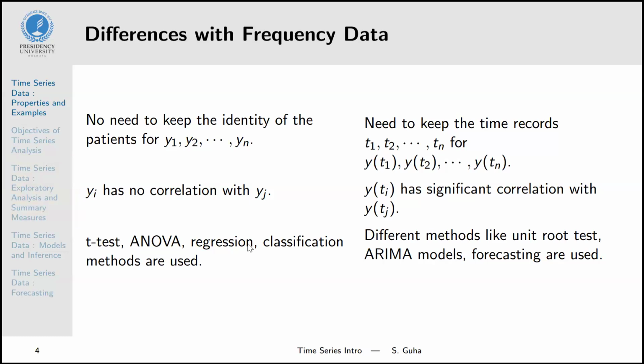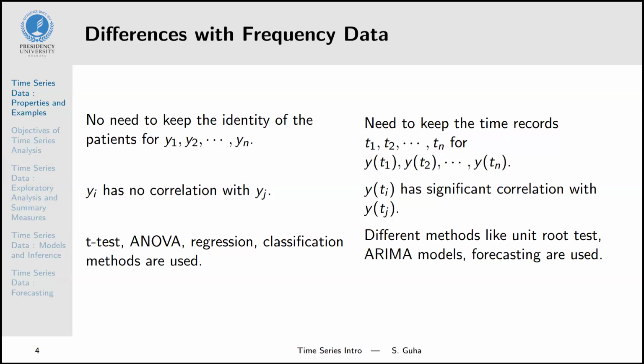On the other hand, if you are looking into time series data, then besides the value of Y, I also need to keep track of T1, T2, Tn. So it's like I'm keeping track of the tags. It is not enough to consider only the value Y, but I also have to tell you at what point of time T1 you observed the value Y. So it is important to keep the value of Y as well as the value of T1.